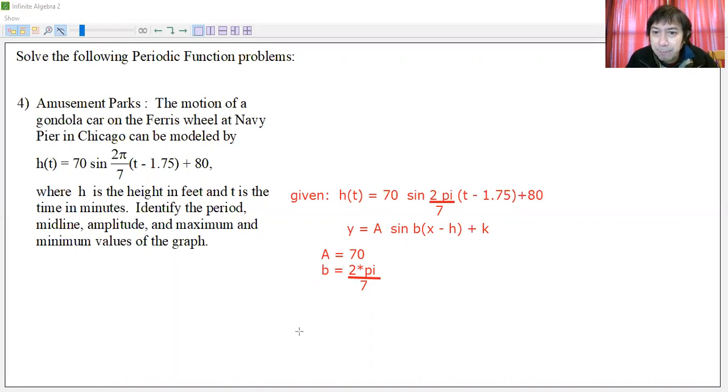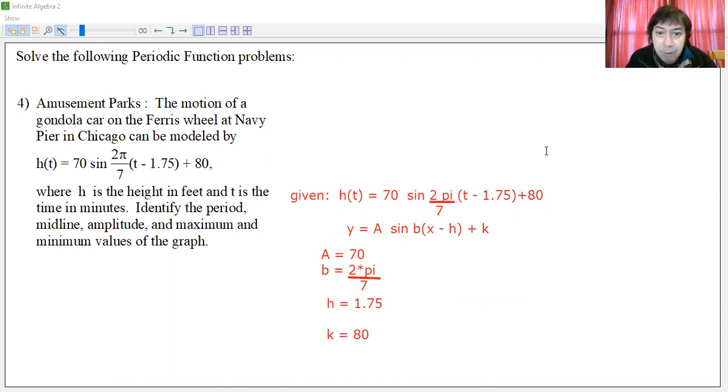Okay, that's beside the parentheses and the variable t. In our equation, that's beside the variable x at the parentheses. So the h, we also have the h for the horizontal translation. h is equal to 1.75. And finally, we have the midline, the vertical translation k. That will be for the 80 there. And so we can use all this to find all the requirements.